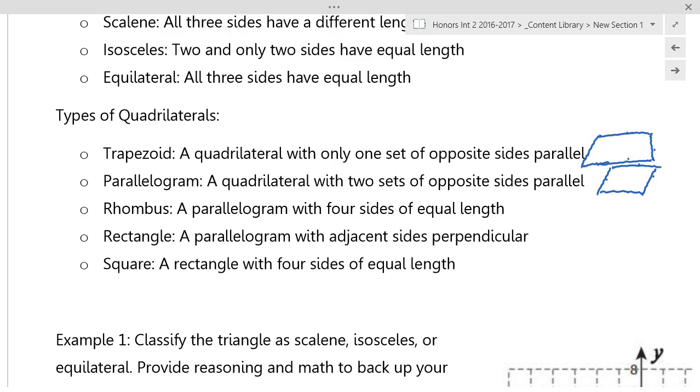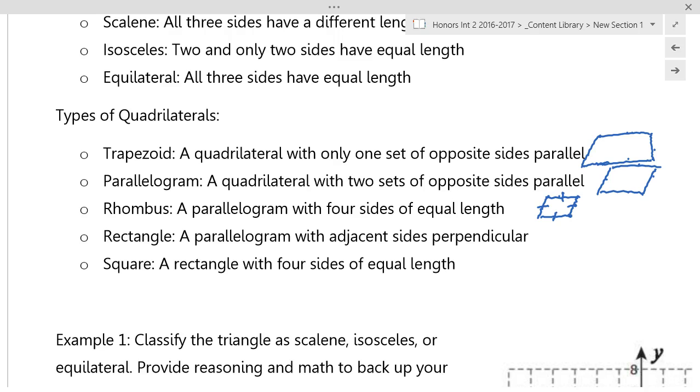A rhombus is the same as a parallelogram, so 2 sets of opposite sides parallel, with 4 sides of equal length. So not only are all of these parallel, all 4 of these sides are also congruent. So now looking at a rhombus, we're not only bringing in parallel sides, but also the distance formula.